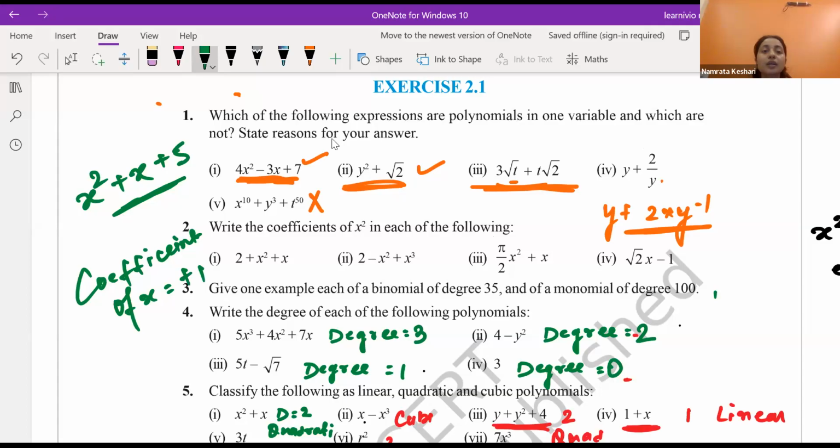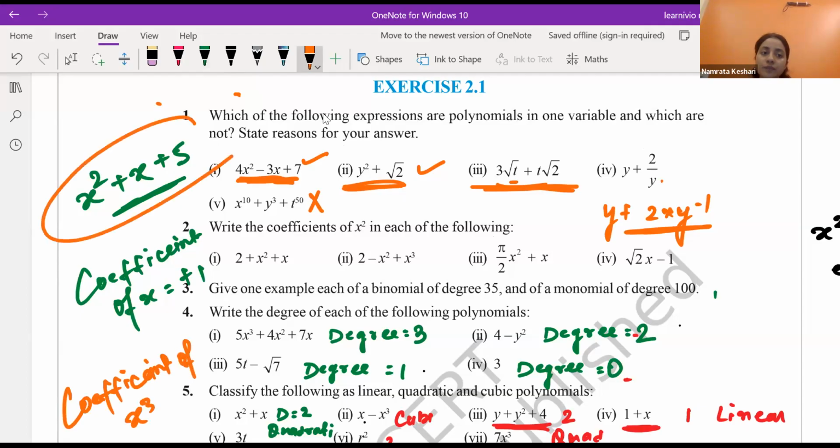Now in this question, I can also ask you, Apurva, what is the coefficient of x cube? Can you see any x cube over here? No, right? The coefficient will be 0.